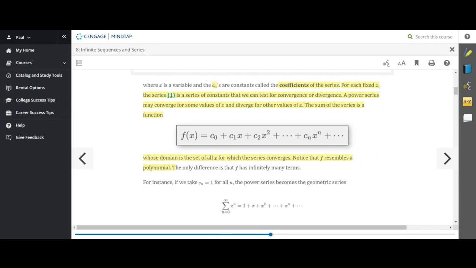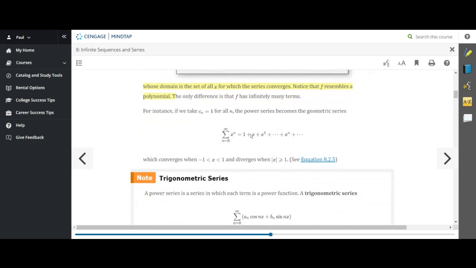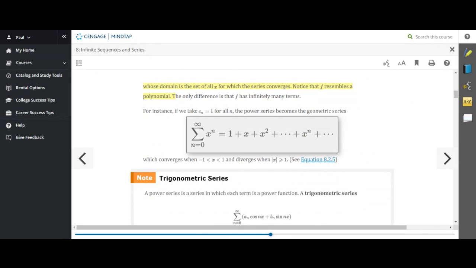So let's look at an example of a power series. Let's look at a simple example. Look at this series here, the series where n equals 0 to infinity of x to the nth power.